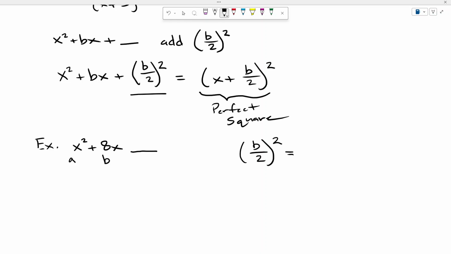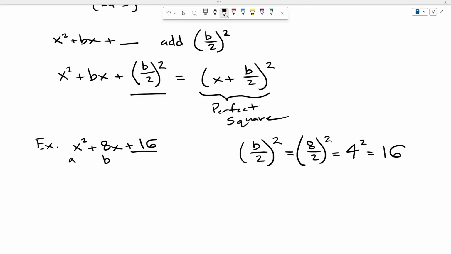In this case our B is 8. So 8 divided by 2 is 4, and we know 4 squared is 16. And then that's what we add on here. So now we are plus 16.